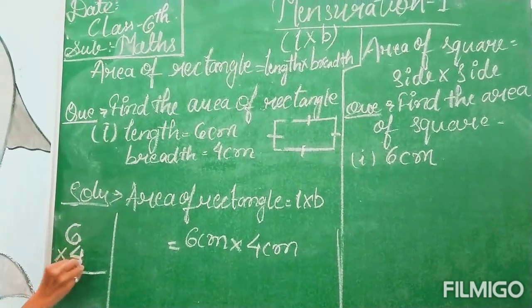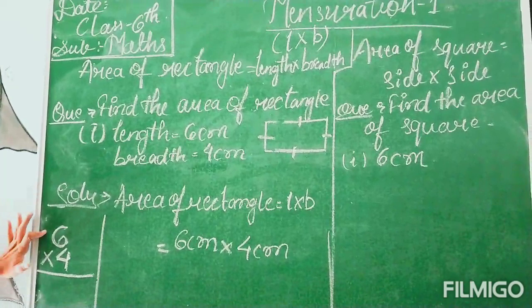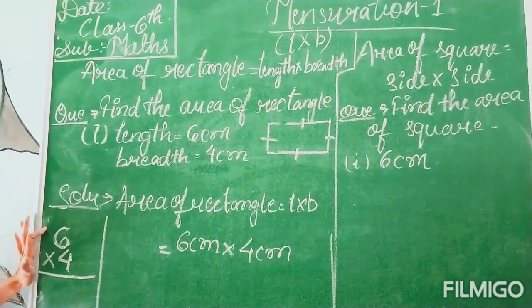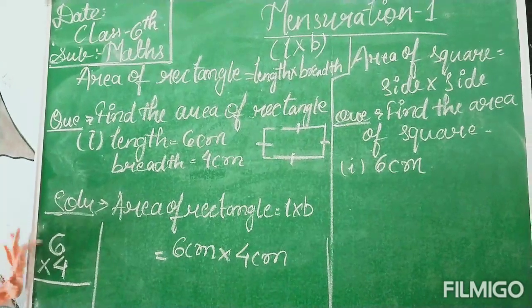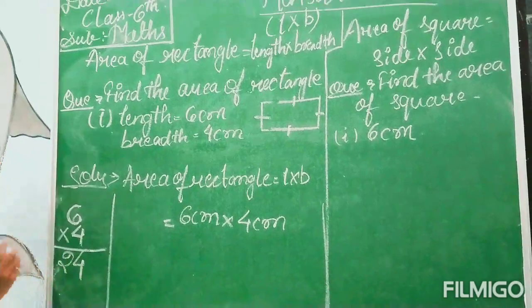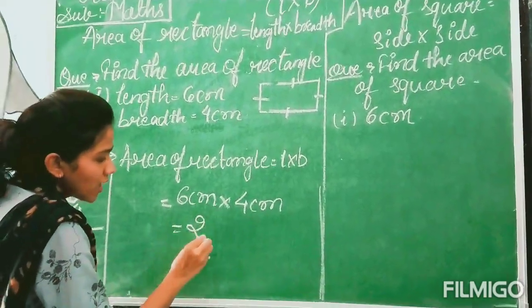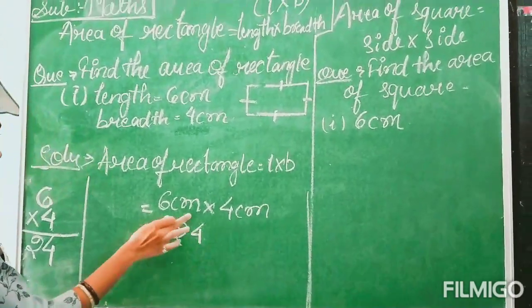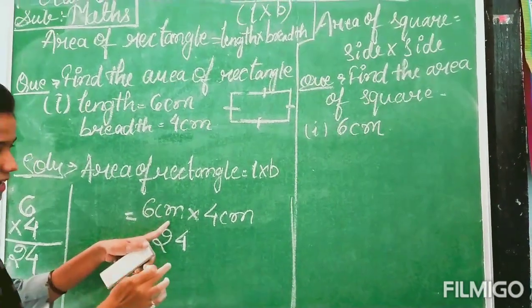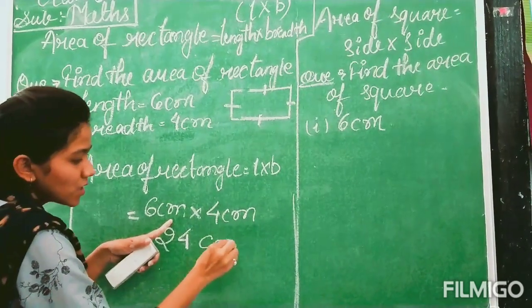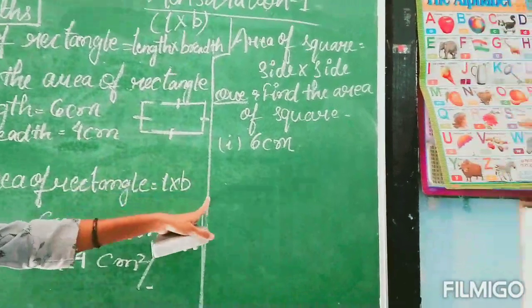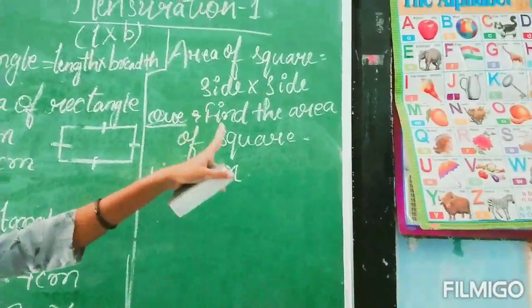Then multiply this 6 into 4. 6 1 is 6, 6 2 is 12, 6 3 is 18, 6 4 is 24. What is the value of 6 into 4? 24. Then answer 24, then centimeter and centimeter. What is in the middle? Multiply. Means centimeter into centimeter, centimeter square. Clear?